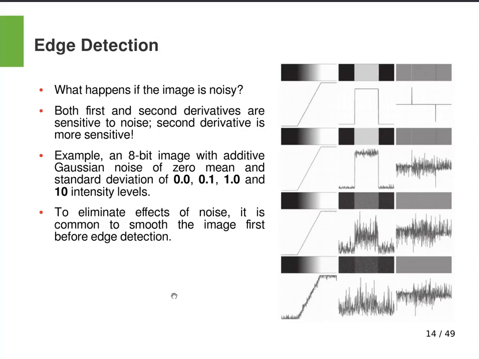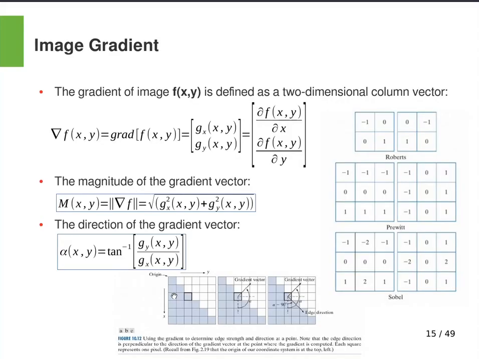Of course, you can always eliminate the effect of noise by using smoothing filters before detecting edges. So let's just go over the first order derivative again and talk about the concept of image gradient.